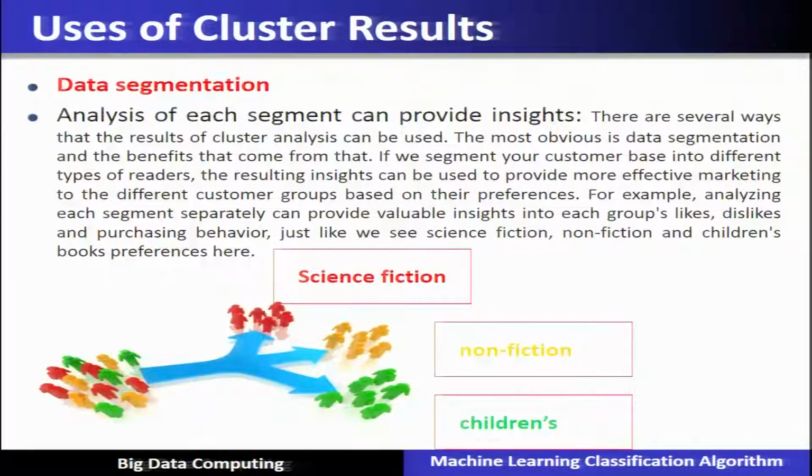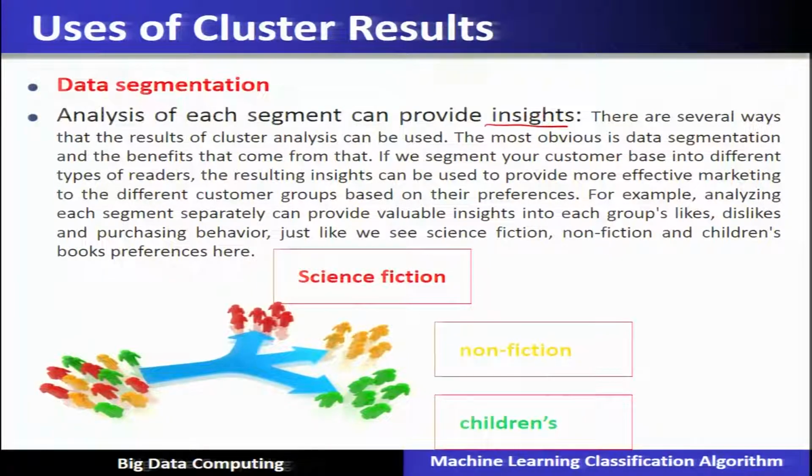Now, let us see some of the uses of these cluster analysis results. The first use is called data segmentation, that is, the analysis of each segment can provide an insight, as we have already discussed. There are several ways that the results of cluster analysis can be used. One obvious is data segmentation and the benefits that come from that.